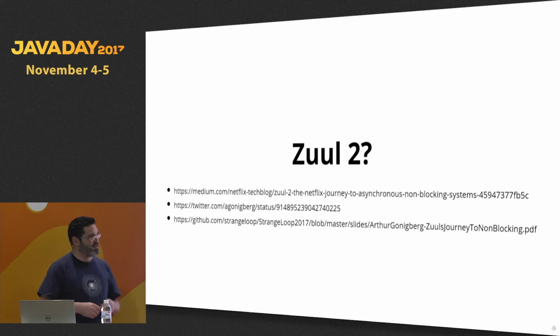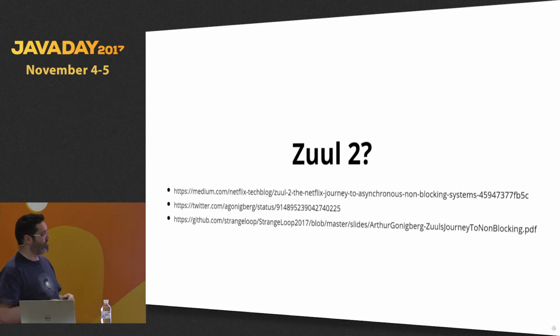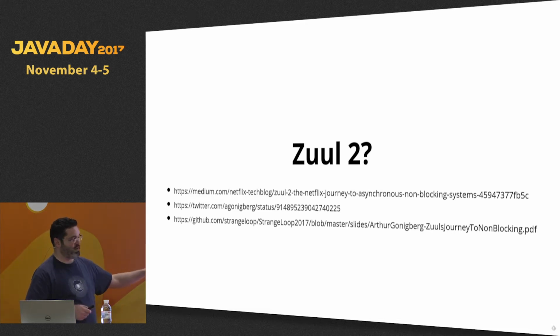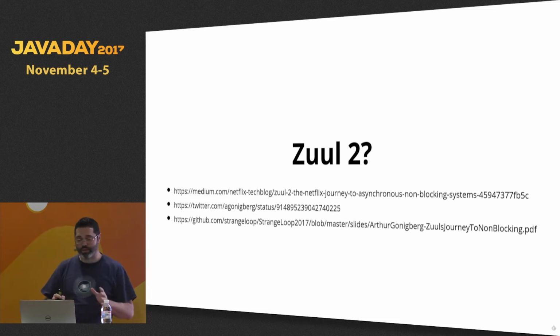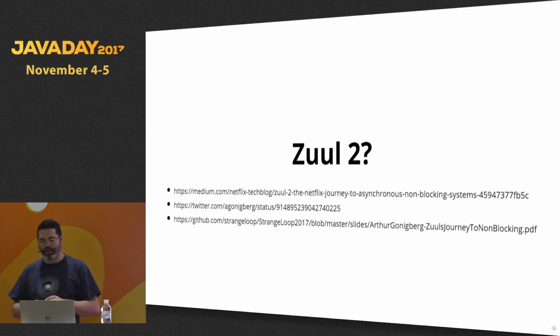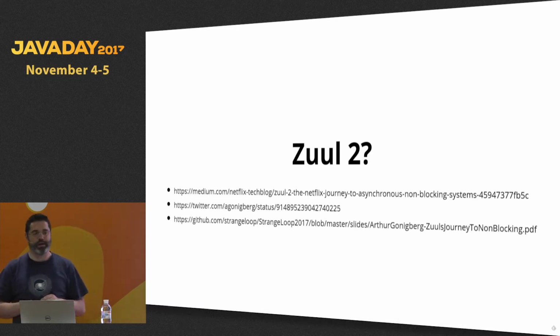And the answer has been, for a long time, I don't know, because they have never released it. A few weeks ago, one of the engineers did talk about Zuul 2, and so there have been some updates, but I think they hope to have it open sourced either by the end of this year or the beginning of next year.